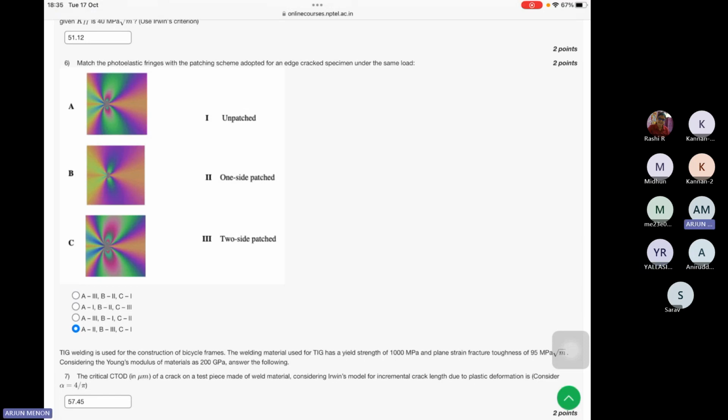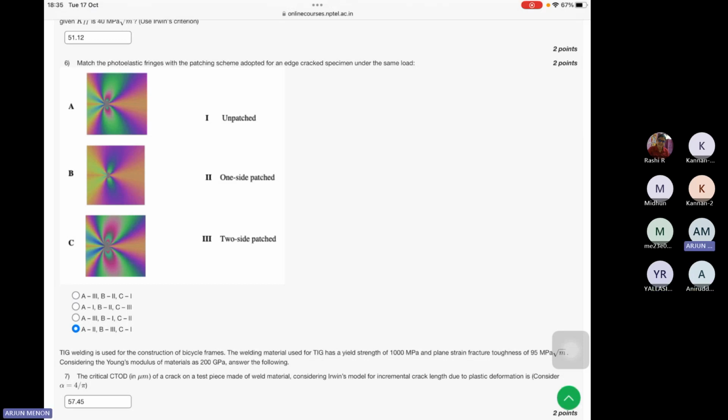they have specified alpha to be used as 4 by pi. Yes, correct, so you can use the equation directly. Delta is COD: 4 by pi multiplied by K1 square divided by Young's modulus and sigma ys.